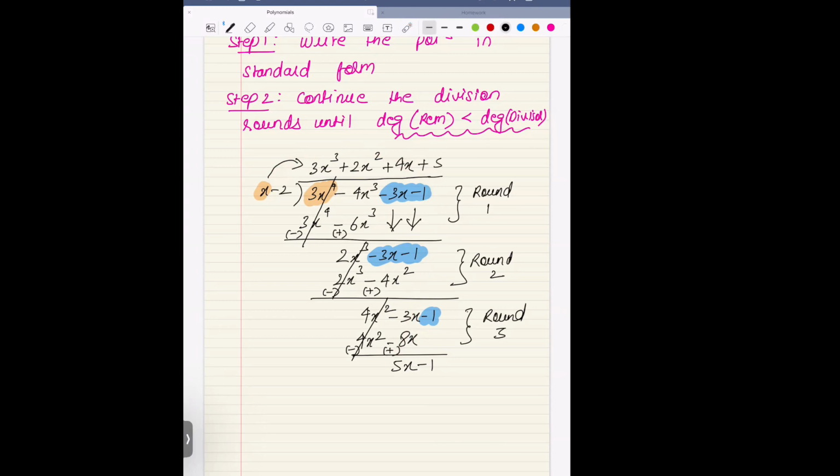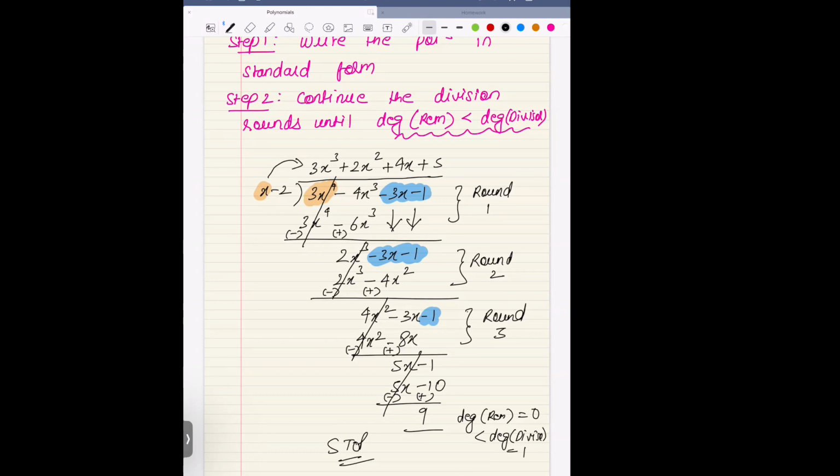You get 5x and minus 2 into plus 5 gives you minus 10. Change the sign, cancel this. 10 minus 1 gives you 9. Now, degree of remainder is how much? 0, which is less than degree of divisor, which is equal to 1. Stop here.